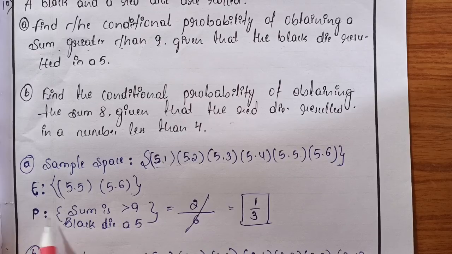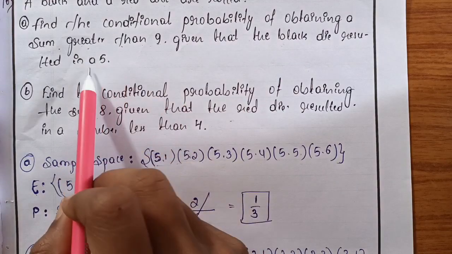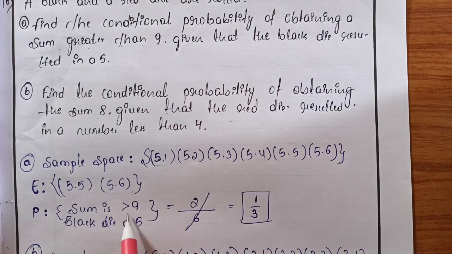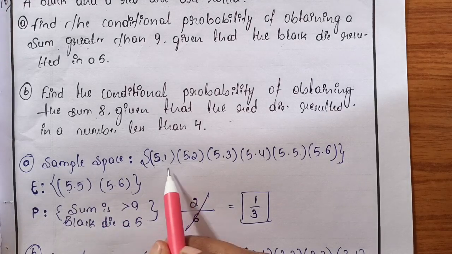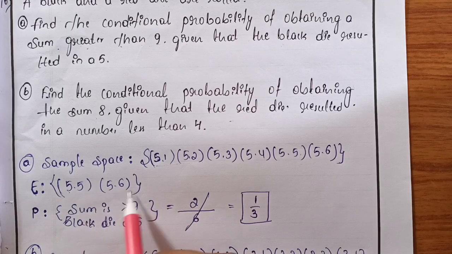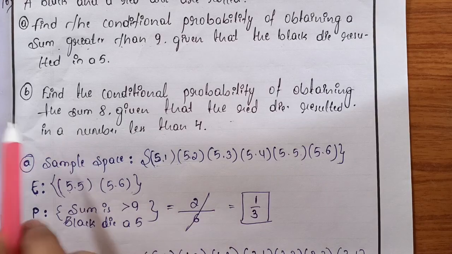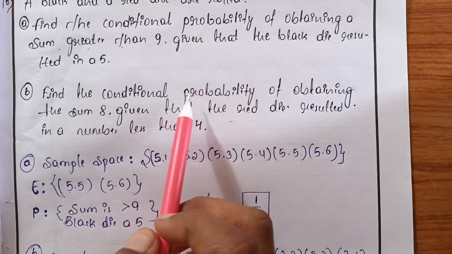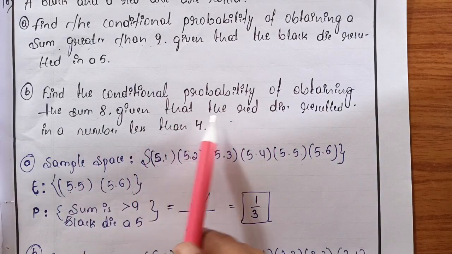And we have to find the conditional probability: the sum is greater than 9 and the black die is a 5. So the favorable outcomes are 2 and the total sample space is 6. 2 ones are 2, 2 threes. So the answer is 1/3.